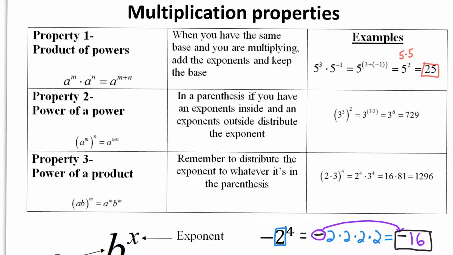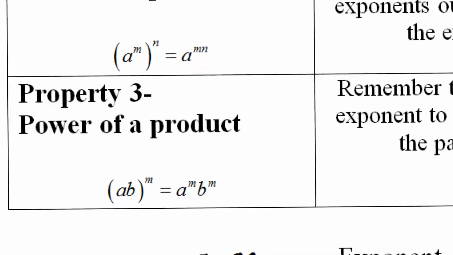And let me zoom in here so I can show you what I mean. You guys are going to look at the exponent of the a, and this one has an invisible 1. You are going to look at the exponent of the b, and it also has an invisible 1 exponent. And you are going to multiply this exponent times the exponent of the a and the exponent of the b. So it's very similar to the one up here. Remember I told you guys to multiply those two exponents?